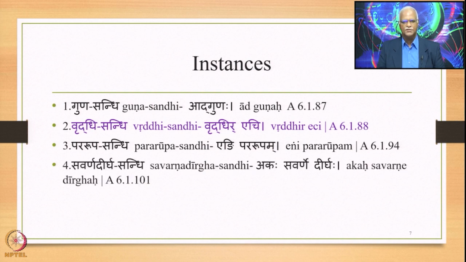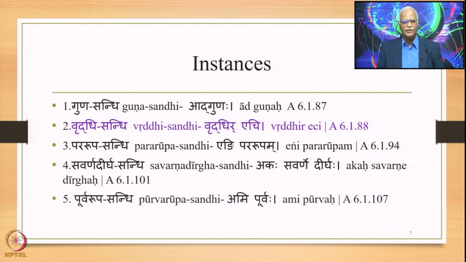The fourth instance of Dvisthanika Ekadesha, 2 substituents and 1 substitute, is Savarna Dirgha Sandhi, and this is stated by the Sutra Akas Savarne Dirghaha 6.1.101. And finally, the fifth instance is Purva Rupa Sandhi, stated by the Sutra Ami Purvaha 6.1.107.